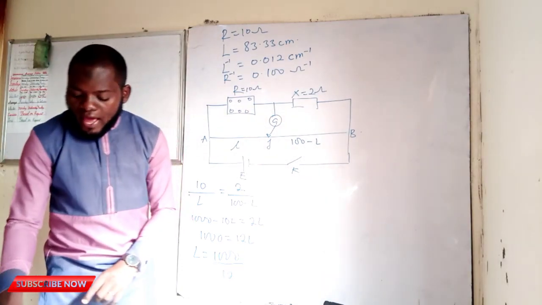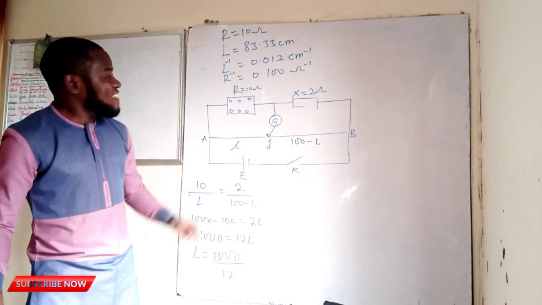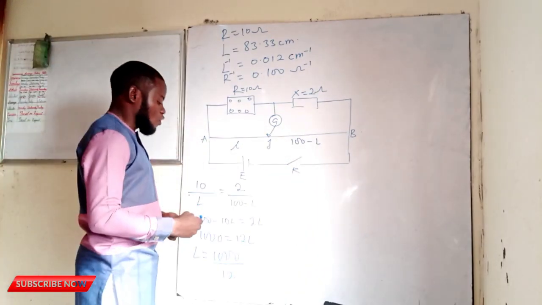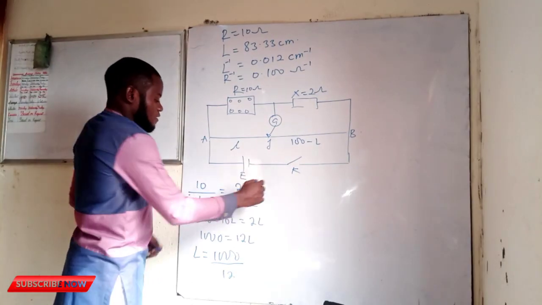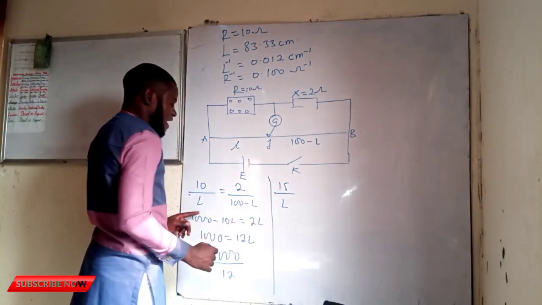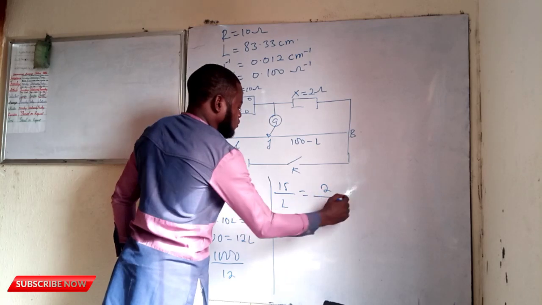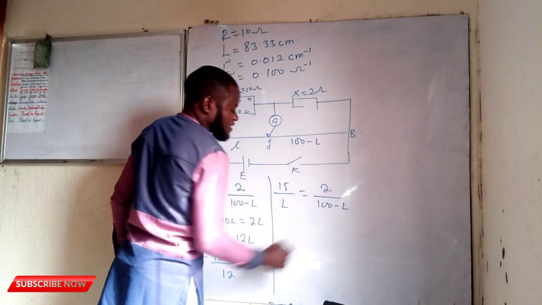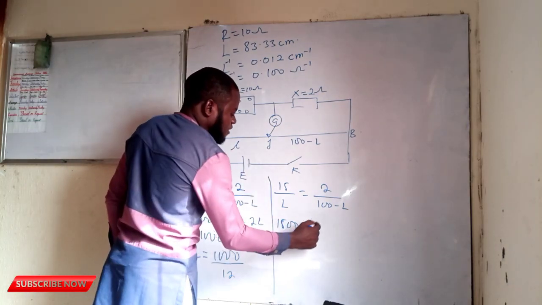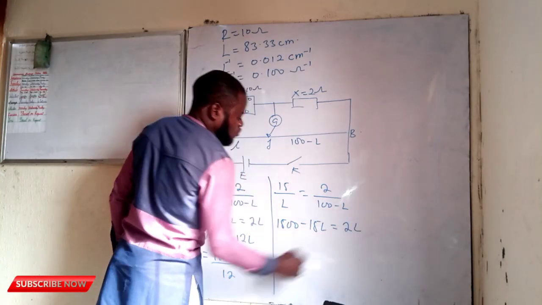Now the second one, we are asked to set R, instead of 10 ohms now, to 15 ohms. Now, if I set it to 15 ohms, I will have 15 divided by L equal 2 divided by 100 minus L. If I cross multiply, I will have 1500 minus 15L equal 2L.